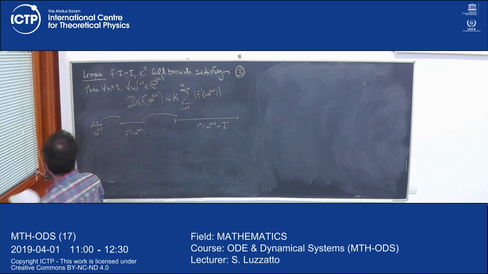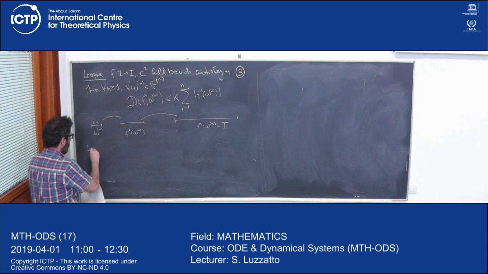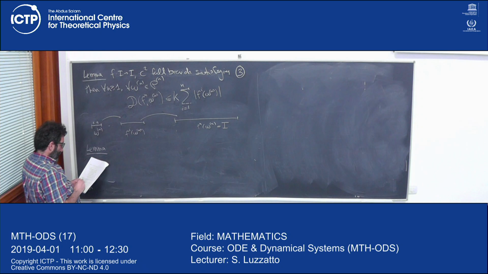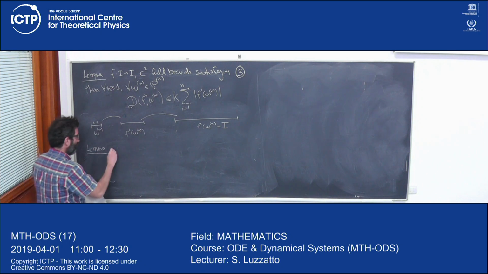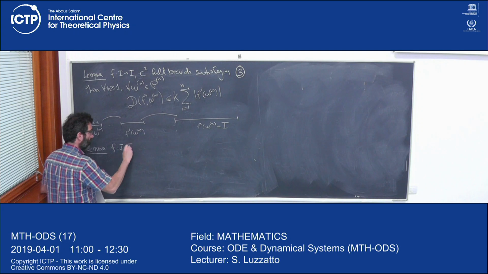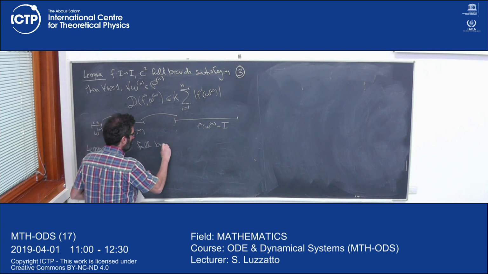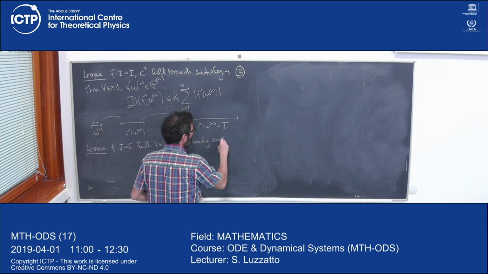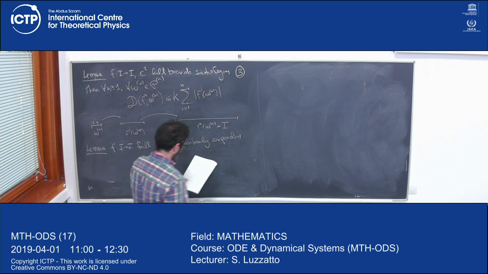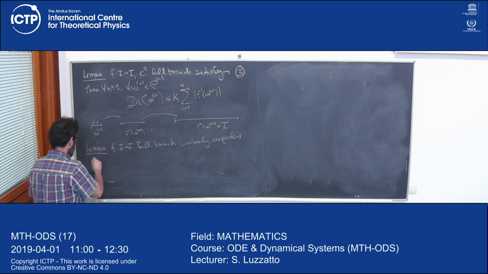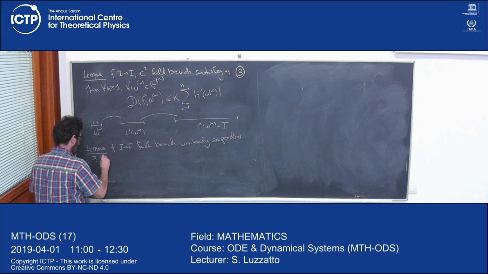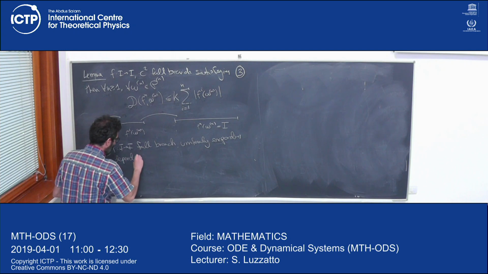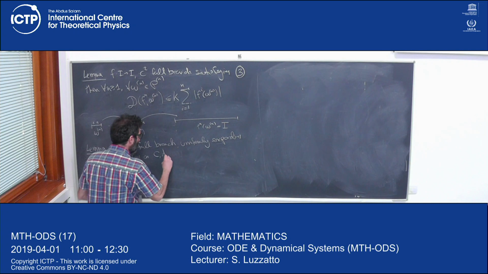So the lemma we want to prove is that if f is full branch, uniformly expanded, then there exists k tilde greater than 0, depending on C and lambda.